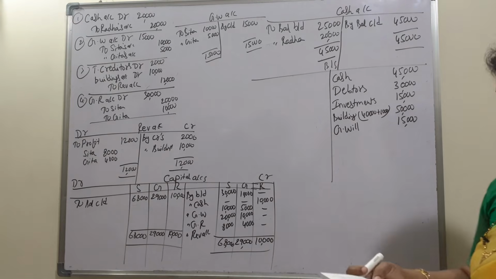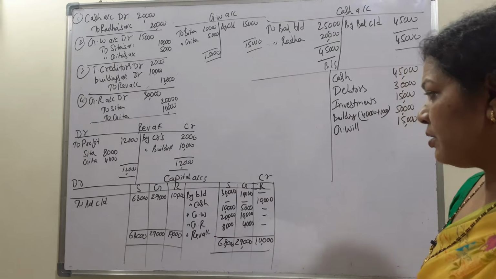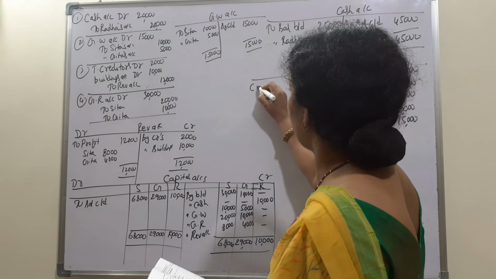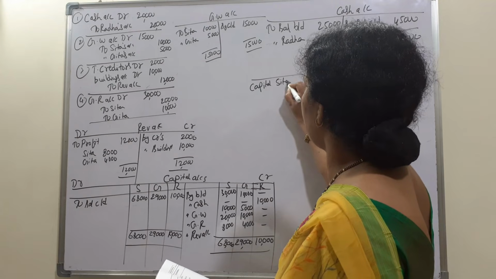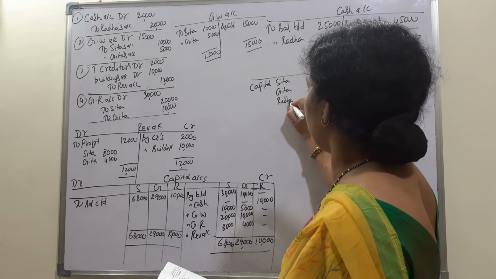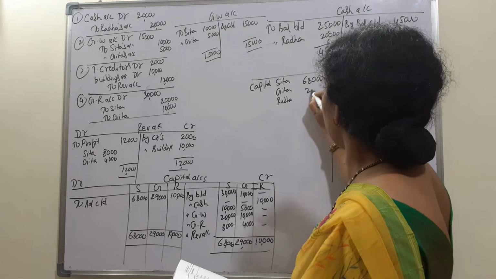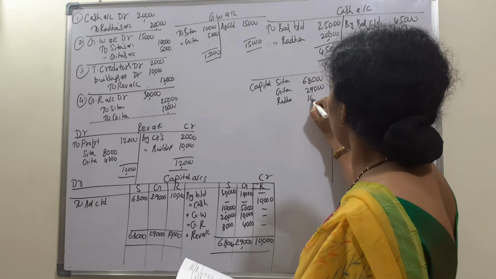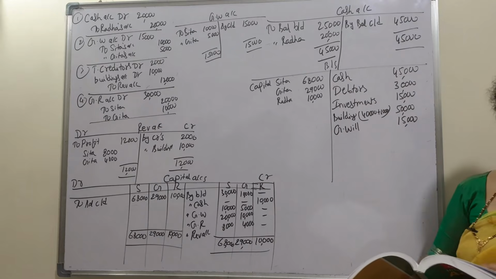Next, in the balance sheet, we can take directly the capitals of Sita, Geeta and Radha: 68,000, 29,000, 10,000. Apart from this, creditors.